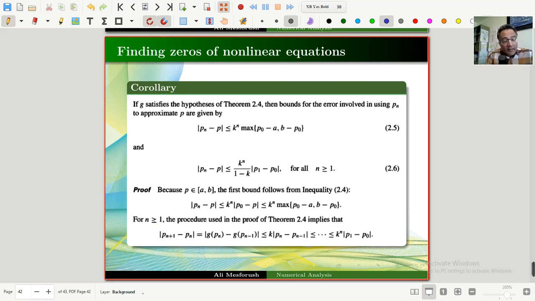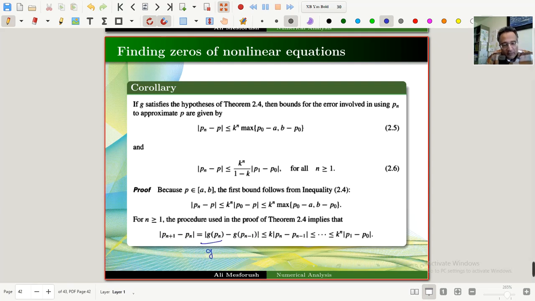Now, for n greater than or equal 1, using the procedure from the proof of the theorem, we consider the absolute value of the difference p_(n+1) minus p_n, and we put g(p_n) instead of p_(n+1), and g(p_(n-1)) instead of p_n.